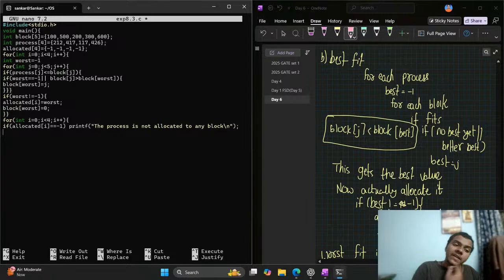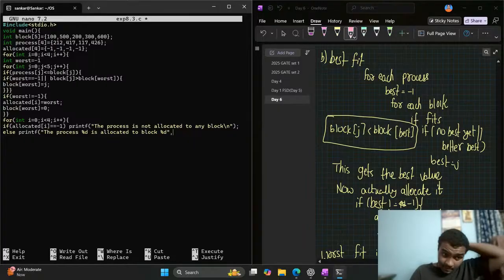If it is not allocated, else printf the process is allocated to block. So which block is the process allocated to?